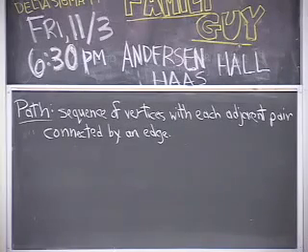Now, if the graph is directed, then the path has to align with the directions of the arrows. You can't follow one arrow pointing forward, another one pointing backwards in a path. You have to have them all pointing forward.